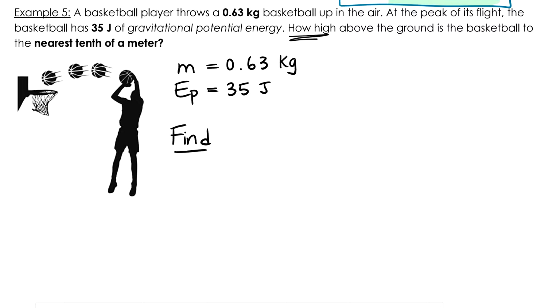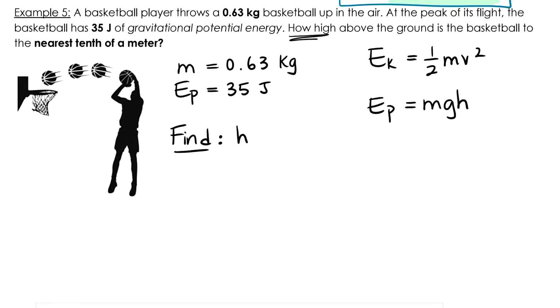This means we're supposed to find the height above the ground, h. We know two formulas. EK equals 1/2 mv squared, and EP equals m times g times h. Which one contains h? That's the one we're going to use, not the kinetic energy formula.